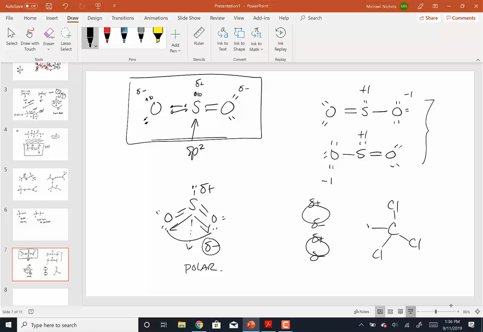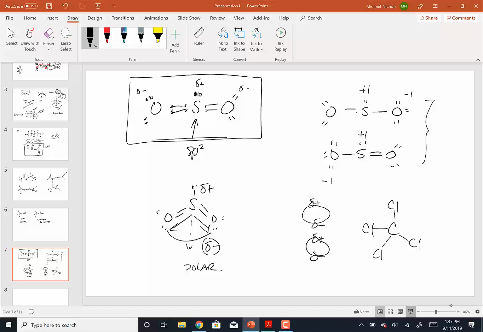Now, if I had CCl4, which is called carbon tetrachloride, is carbon tetrachloride polar or nonpolar? There's two criteria for being polar. You have to have a polar covalent bond. Sulfur-oxygen was a polar covalent bond.